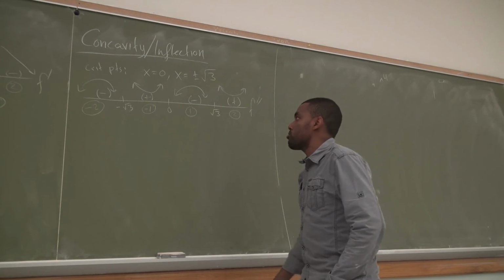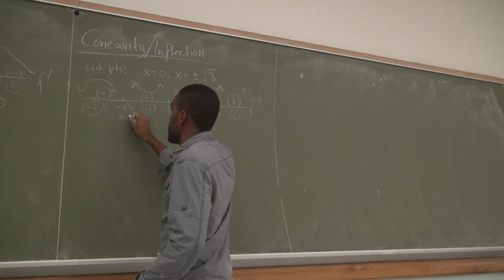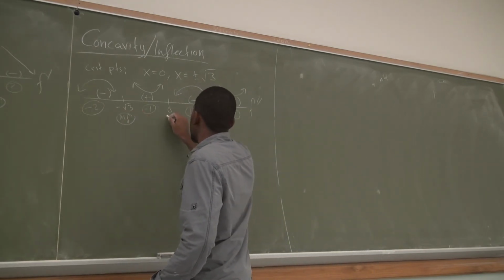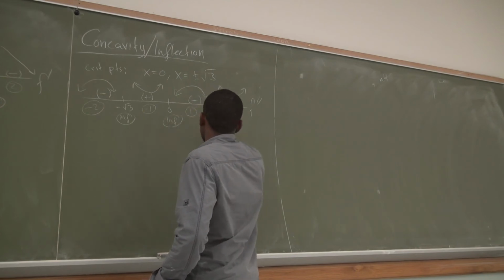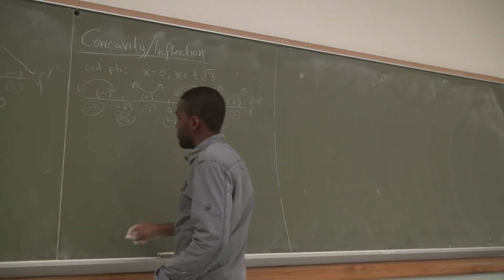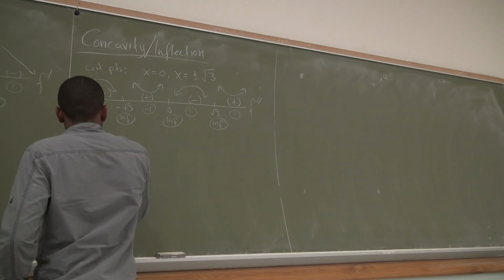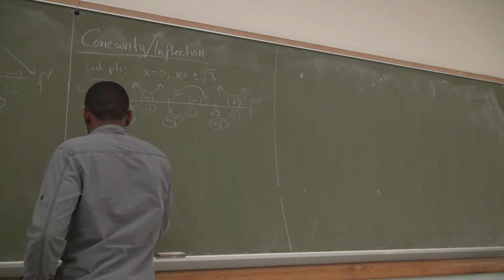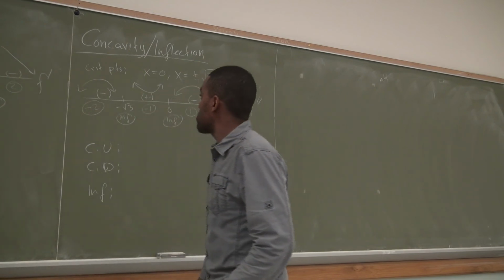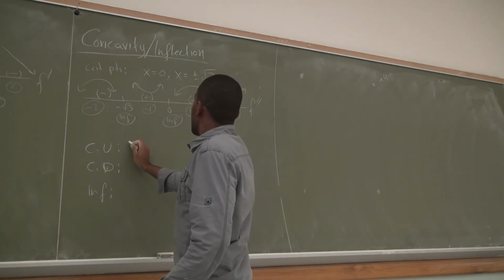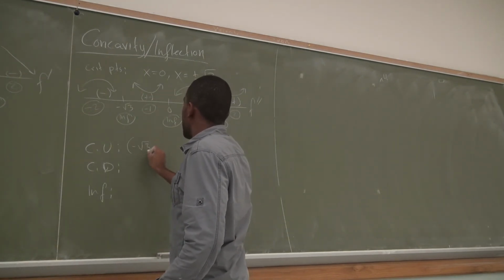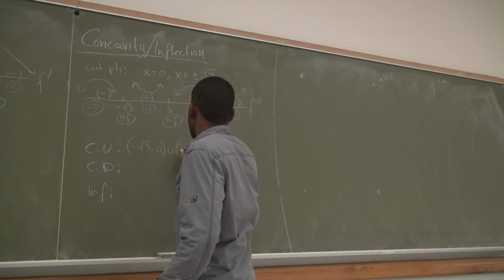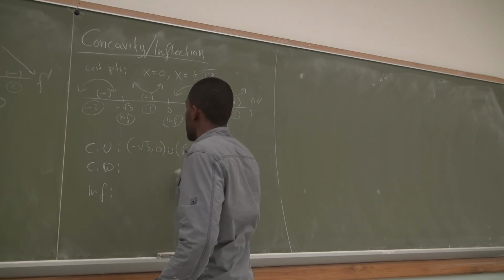Any inflections? Yeah, let's go through them. Inflection occurs here, here, and here, where we switch between concave up and concave down. Concave up: minus radical 3 to 0, union radical 3 to infinity.